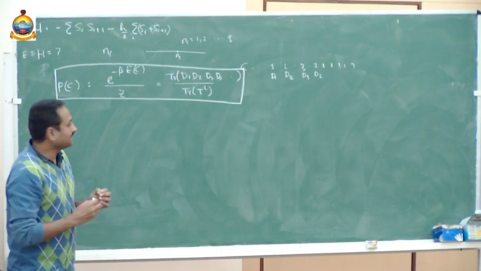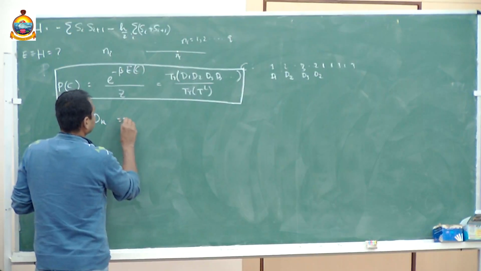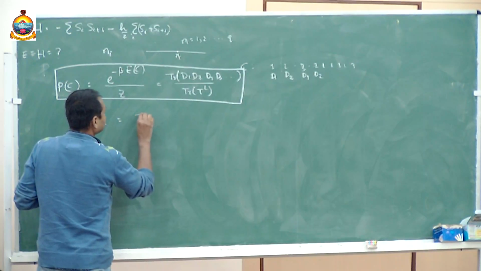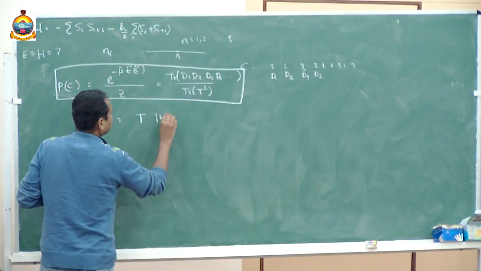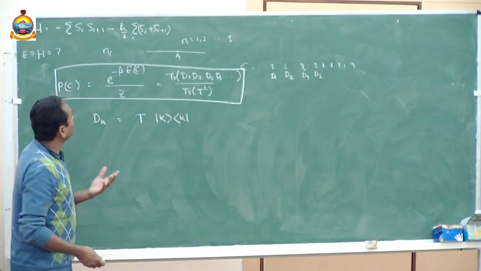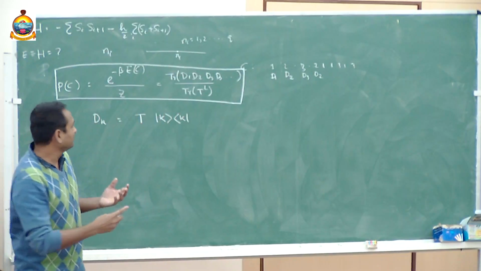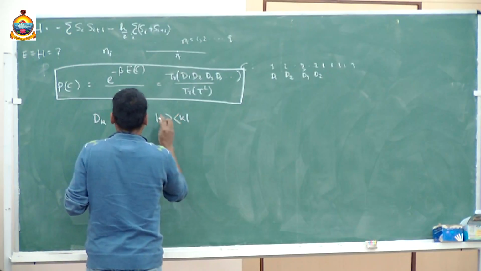And then what we have also calculated is that D_k, for any k, is the transfer matrix T times the element (n_k, n_k).